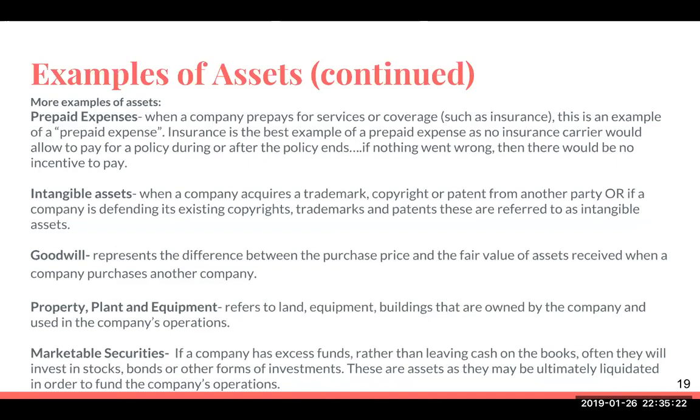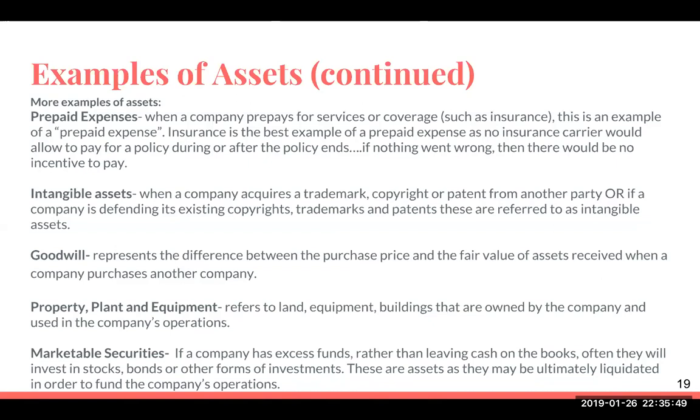Goodwill represents the difference between the purchase price and the fair value of assets received when a company purchases another company. I'm giving you more examples of assets right now. I'm not going to be using patents and goodwill in my examples, mainly because we're going to explore those in later chapters.